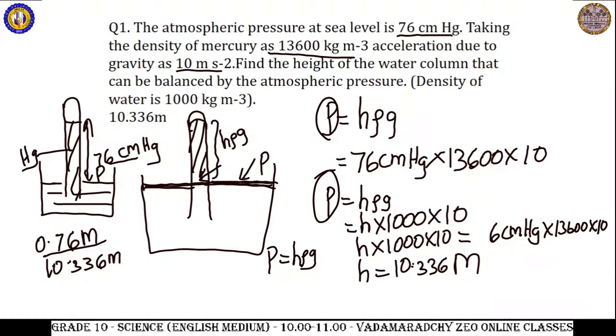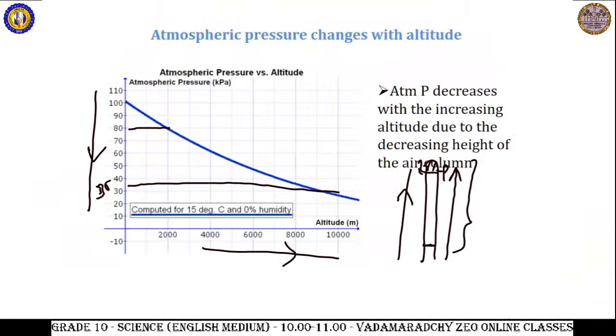Due to this fact, we take mercury as our barometer fluid. Thereafter, we studied how atmospheric pressure changes with altitude. With increasing altitude, atmospheric pressure reduces because the air column reduces.